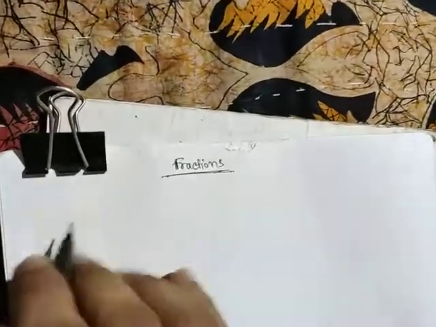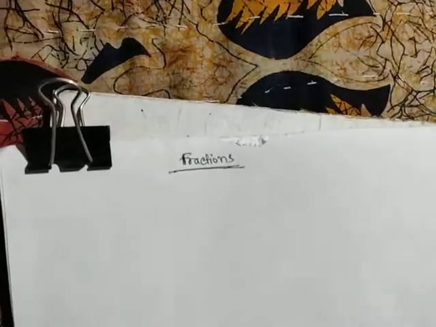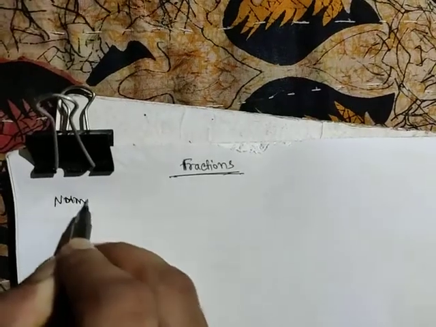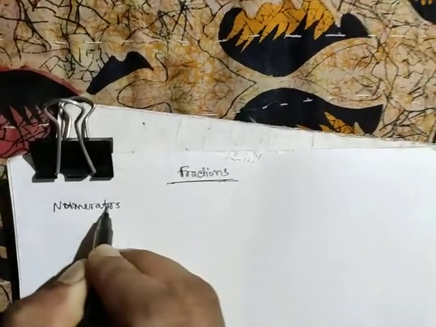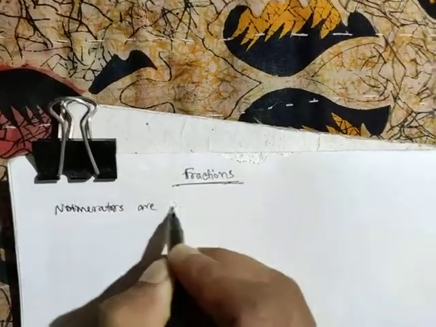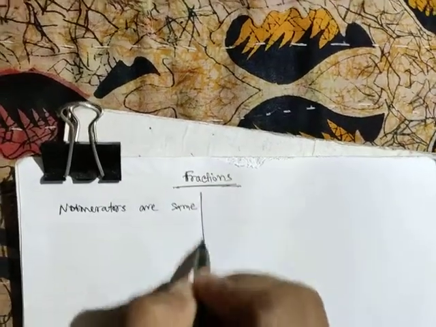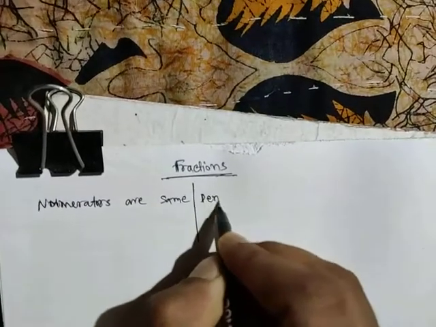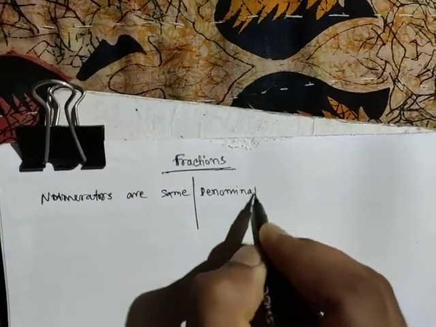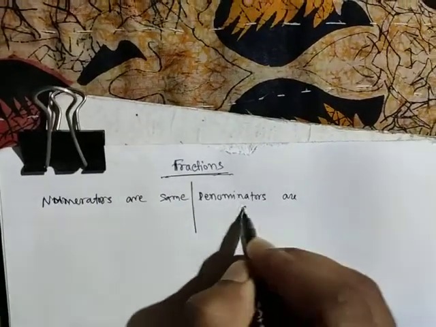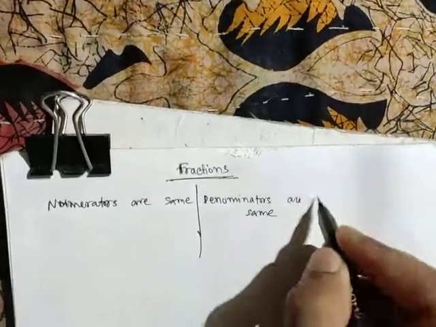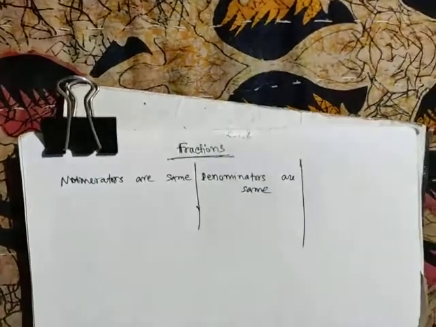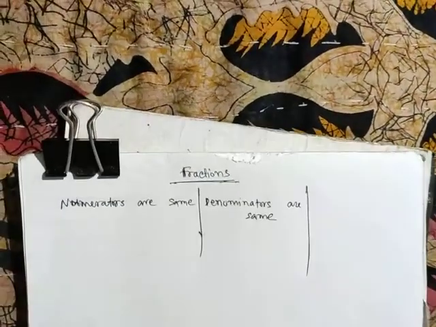Suppose there are three kinds of fractions. Suppose you are given three or four fractions whose numerators are the same. This is the first kind of fraction. The second kind is where the denominators are the same, and the last kind is where neither the numerators nor the denominators are the same, both are different.